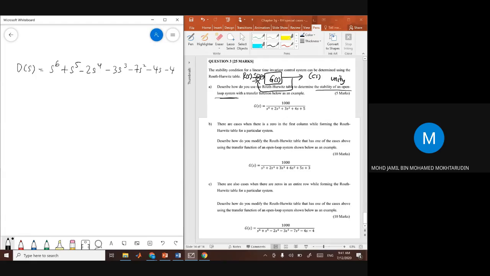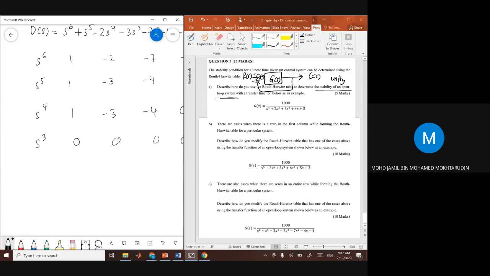And then as usual, okay, so ada entire row of 0.